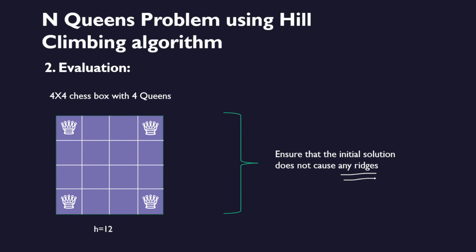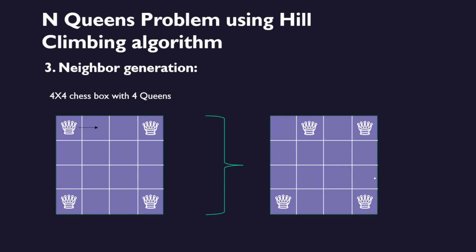A ridge is a situation in which you try to make changes or generate neighbors, but you keep getting the same heuristic value and you won't be able to proceed further with your solution. But you have to place your initial solution in such a way that you can bring the heuristic value to 0.